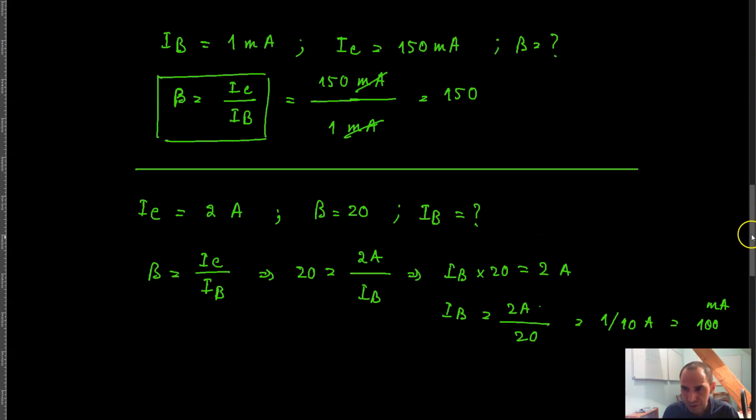Now suppose that you have this circuit over here, and you have an NPN transistor over here.